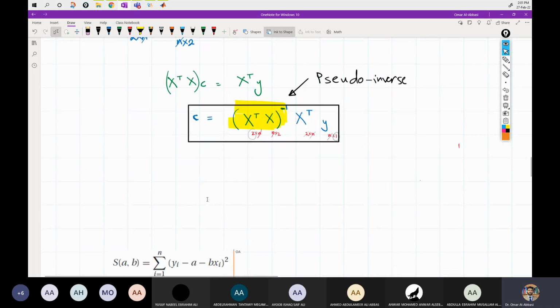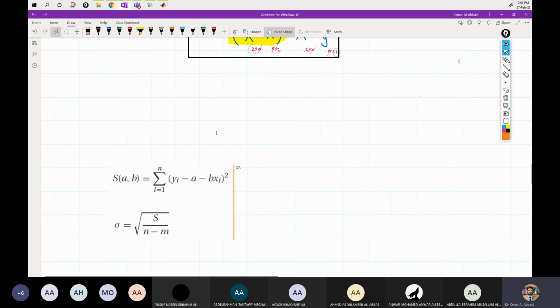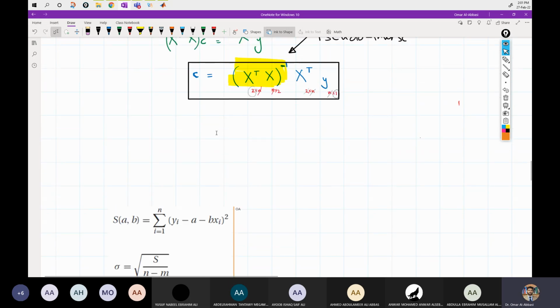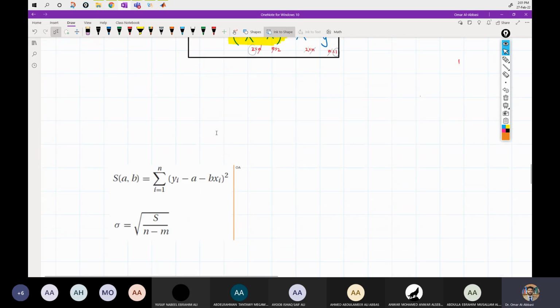All right, so now we found A and B, okay? We found A and B, and over here I'm just saying that the sum of the error squared is given by that notation. And by the way, it won't make any difference if the equation that you had, A minus (A x_i plus B), okay? It won't make any difference if you are solving for A x plus B, the function that you want to fit, or A plus B x.